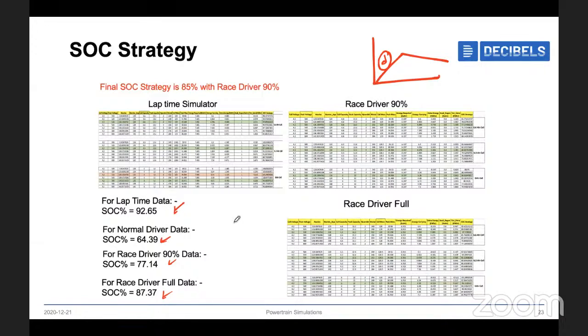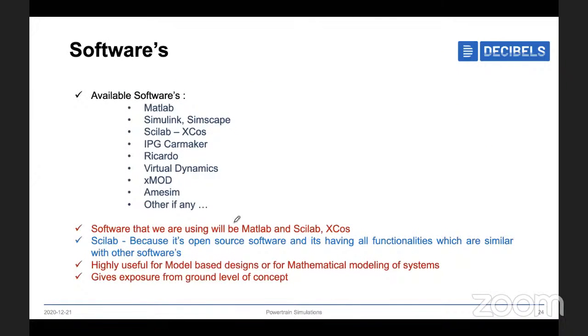But where can we develop these powertrain simulations? Everyone will be having the question of which software we have to use. These are some of the softwares available for developing these kinds of simulations. One is MATLAB. By coding, we can develop all these powertrain simulations if we are good at the coding part.